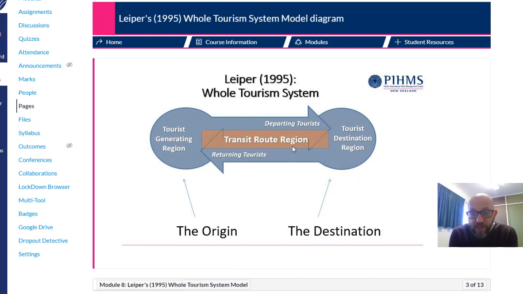Auckland is a place of origin. It's where a million and a half people live, and it's also a place where lots of people transit through. The majority of international arrivals to New Zealand arrive in Auckland, but that doesn't mean they stay in Auckland. Prime example is my family come over from the UK.